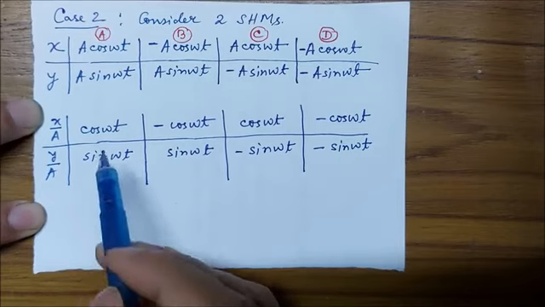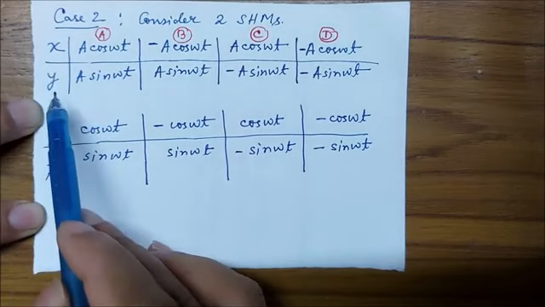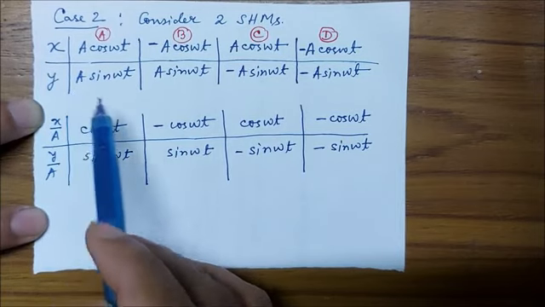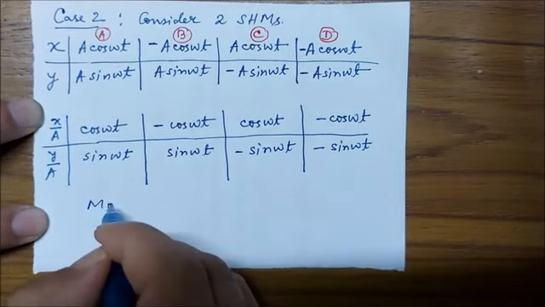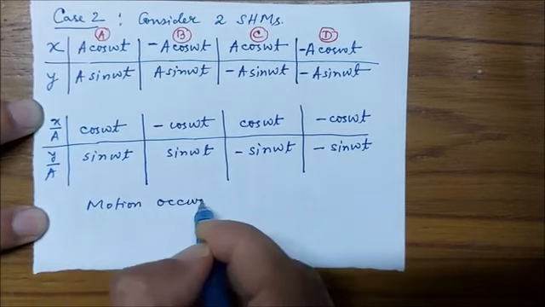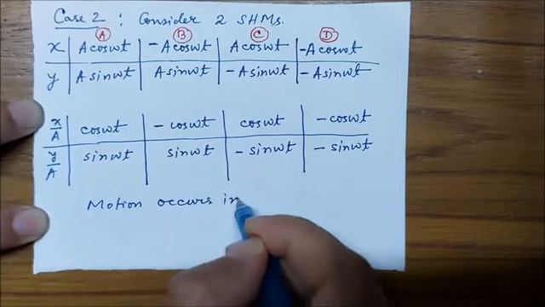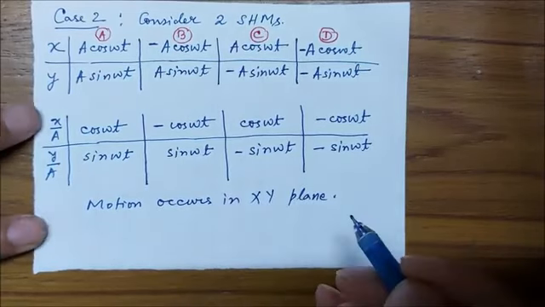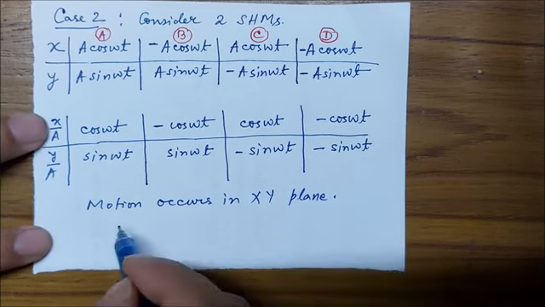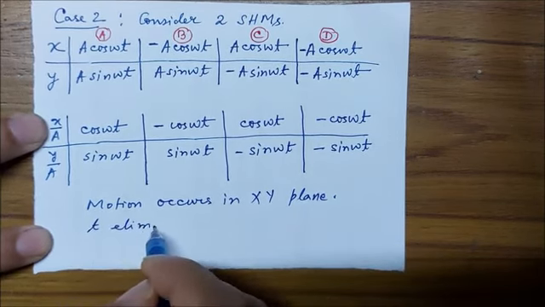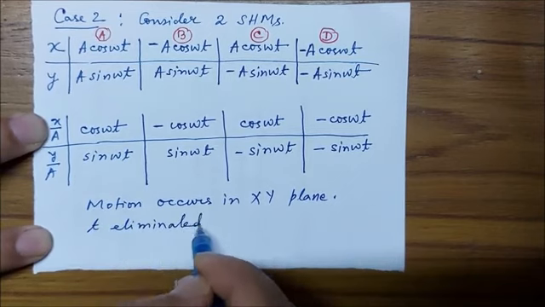It is clear that the oscillations occur along x-axis and y-axis simultaneously, so the resultant motion will occur in the xy plane. This is clear, and let us find the t eliminated equation, t is time.